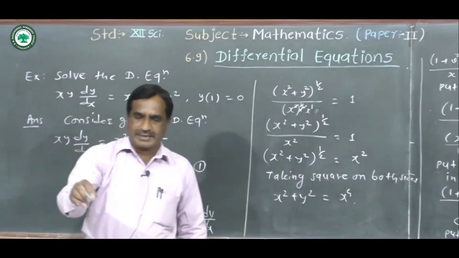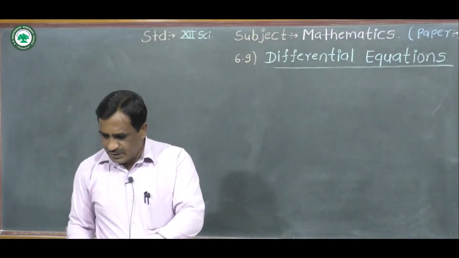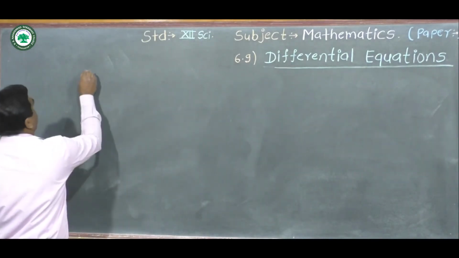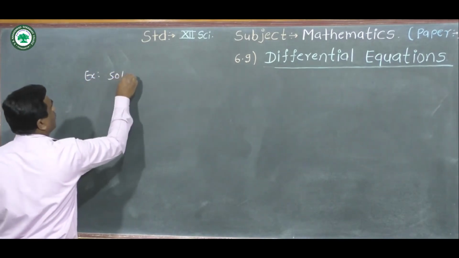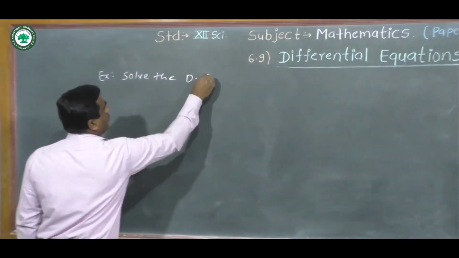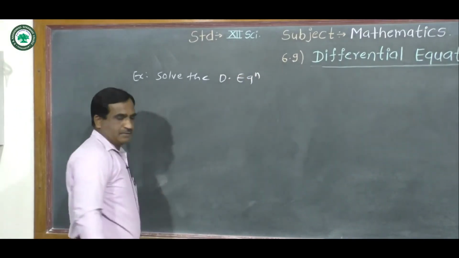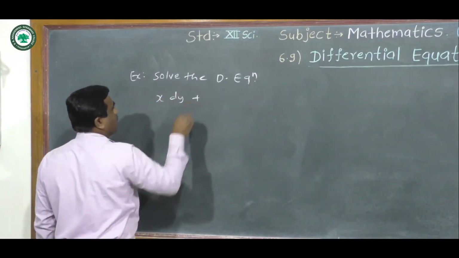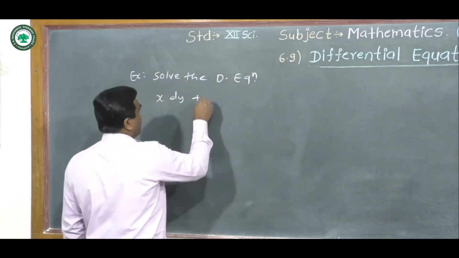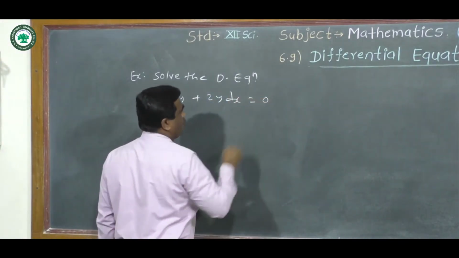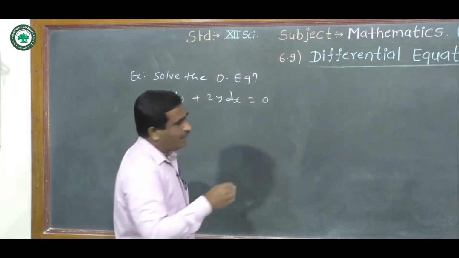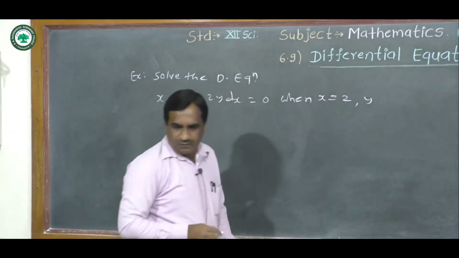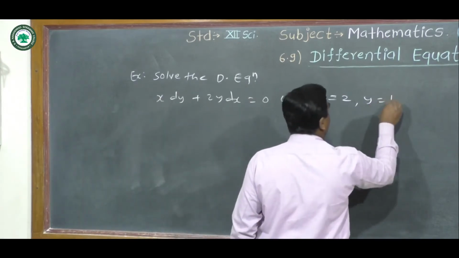Okay, now we see the next example here. Solve the differential equation which is x into dy plus 2y into dx equal to 0, and we are given values of x and y: when x equal to 2 and y is equal to 1.